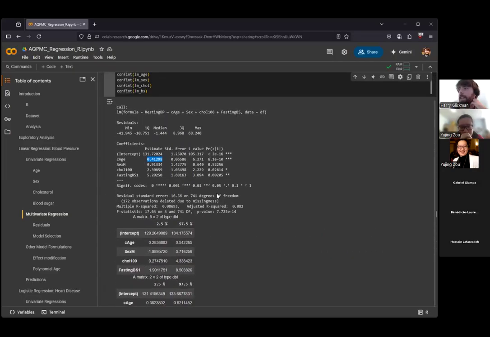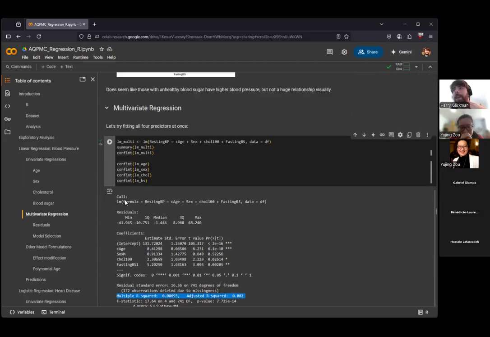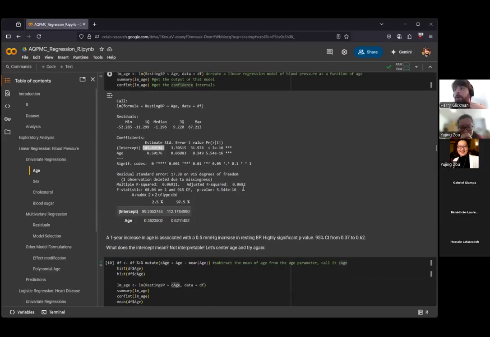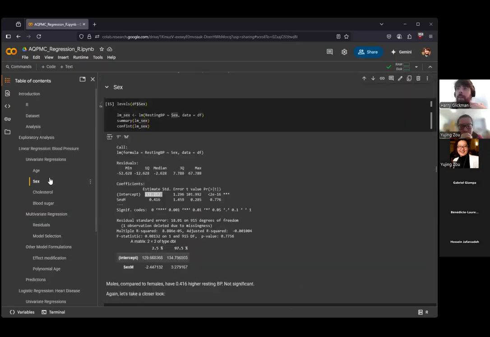Another interesting thing to look at here is that our adjusted R-squared value is 0.08, which means in words, we are explaining about 8% of the variance in the outcome using our predictors, which is really not much. And then if we scroll back here, age alone was predicting around 7% of the variance.